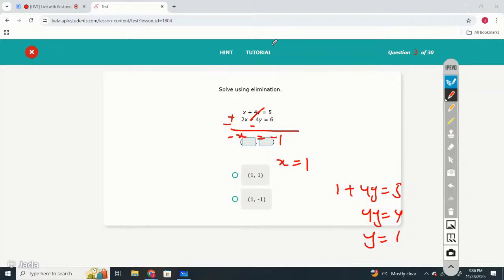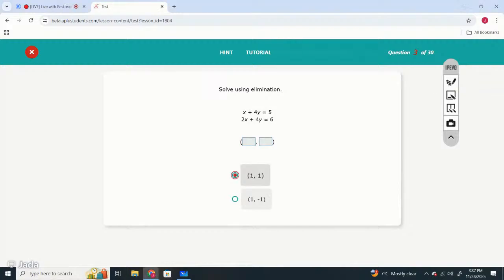So the correct option is 1 and 1. Option number 1 is the correct option.